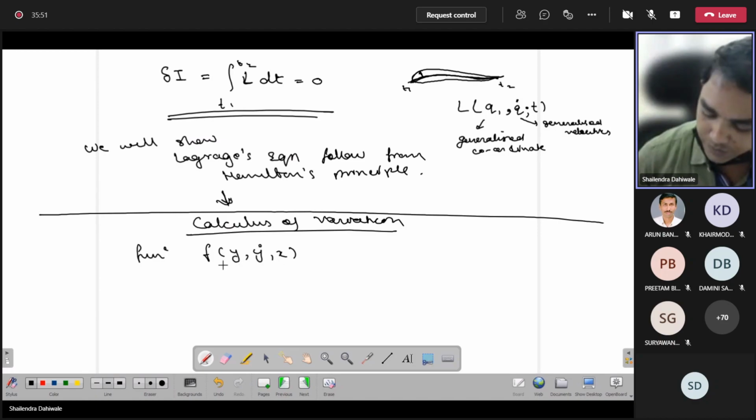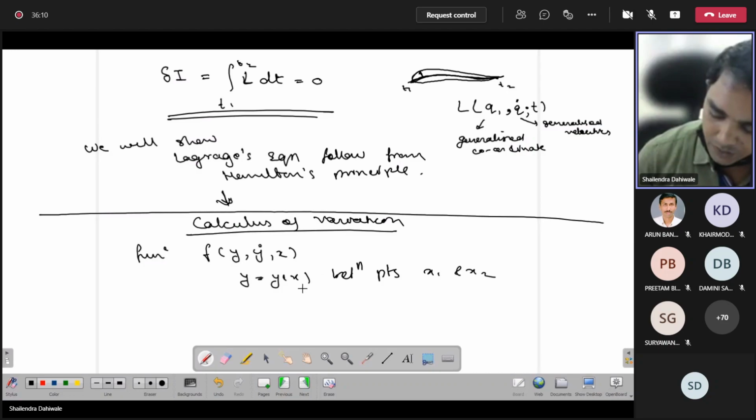So this is not a function; actually, this is called a functional. I'll come to this again. Here y is y of x, between points x1 and x2. This is similar to what I have drawn previously: you have qi's and you have t, and I was trying to go from time t1 to time t2.